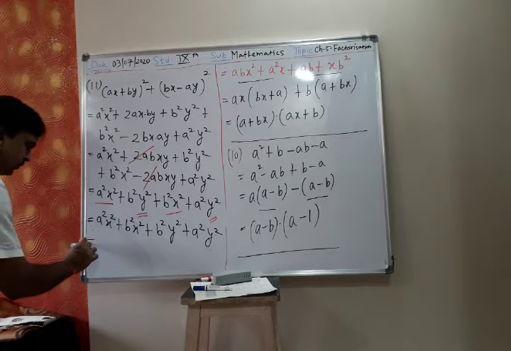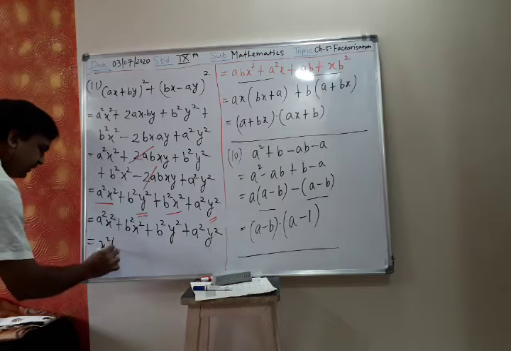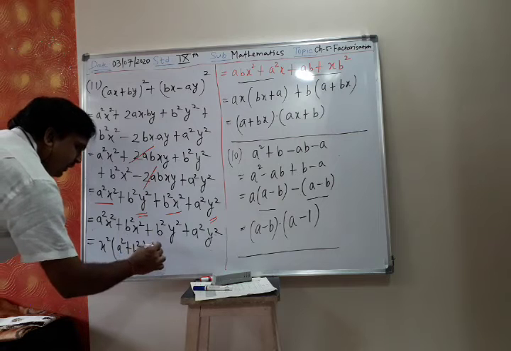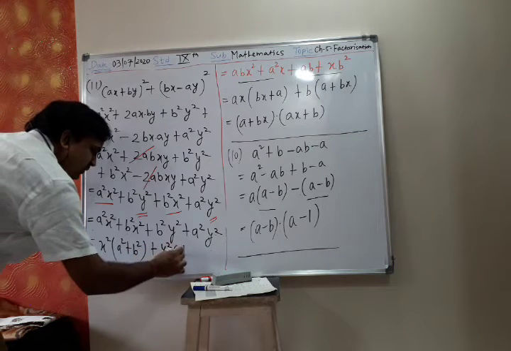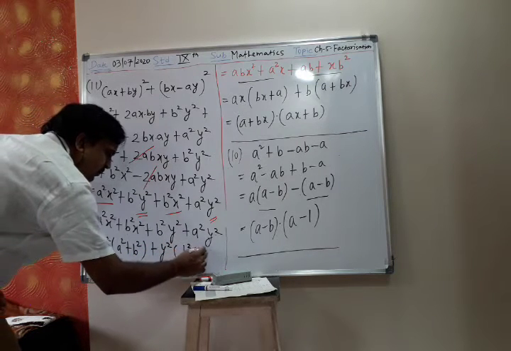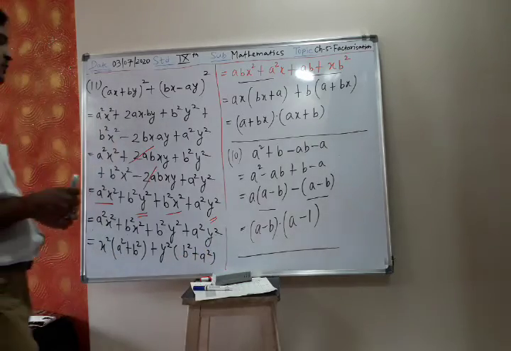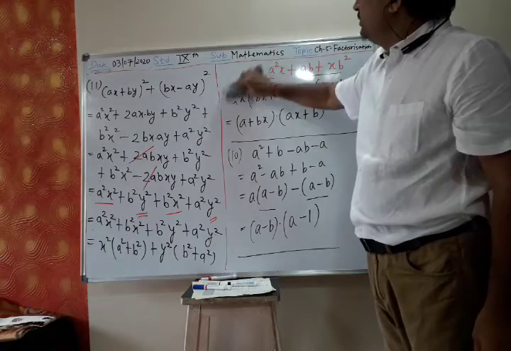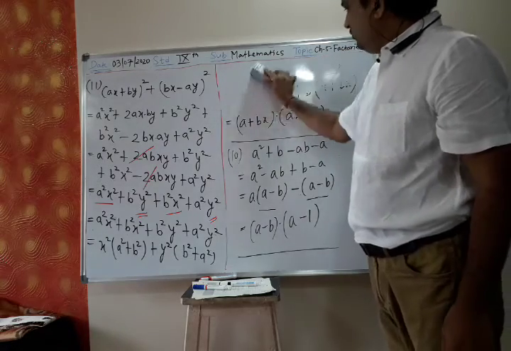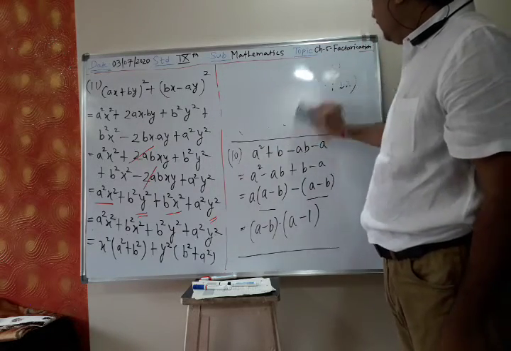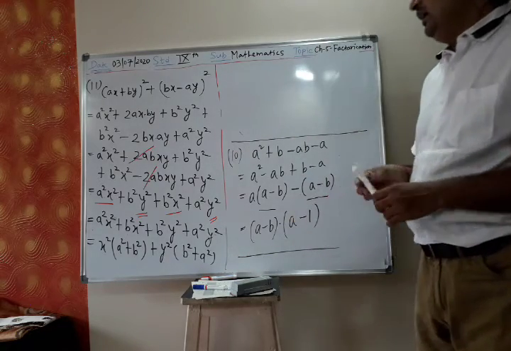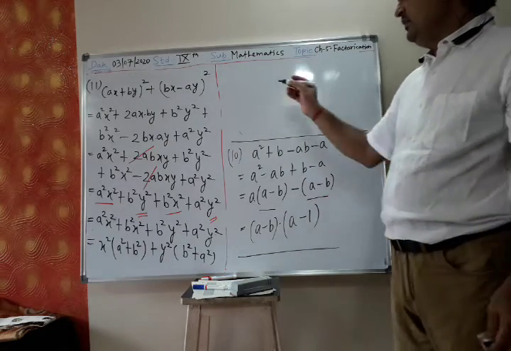Now what is common? X square is common, so it is a square plus b square, and there y square is common, so it is b square plus a square. B square plus a square is same as a square plus b square because addition is commutative. Yes, same answer will come.